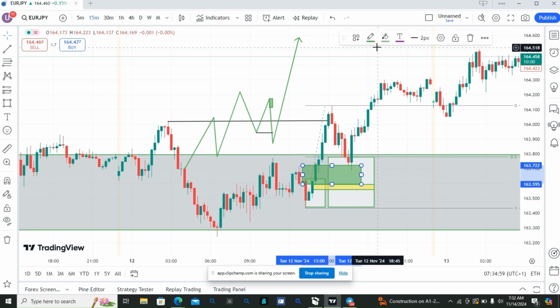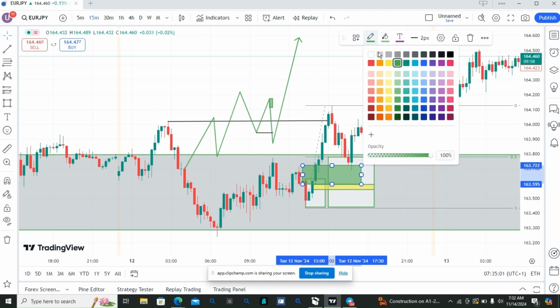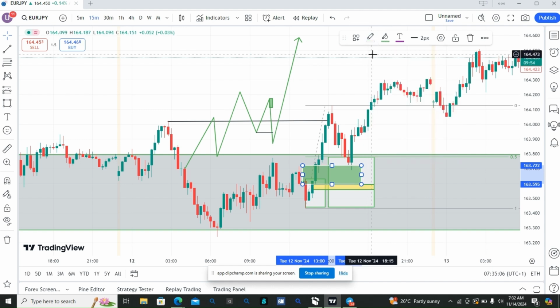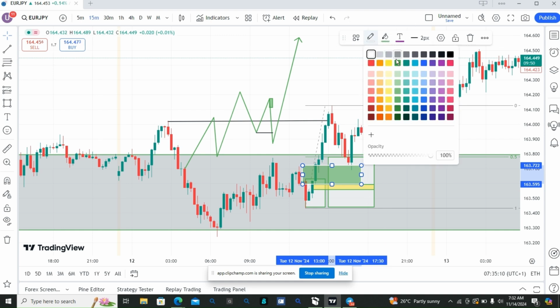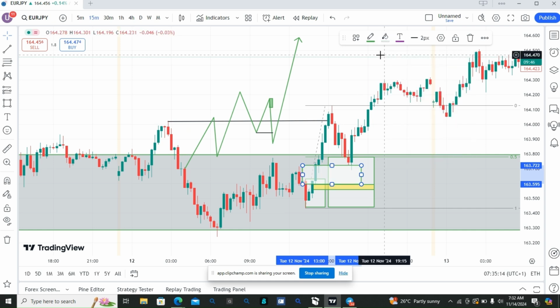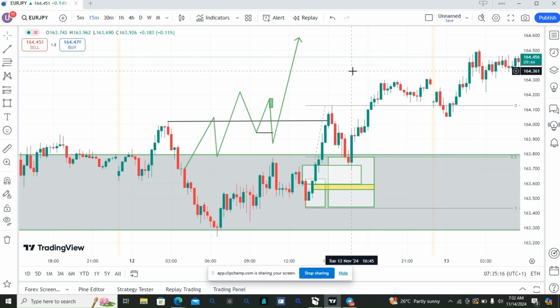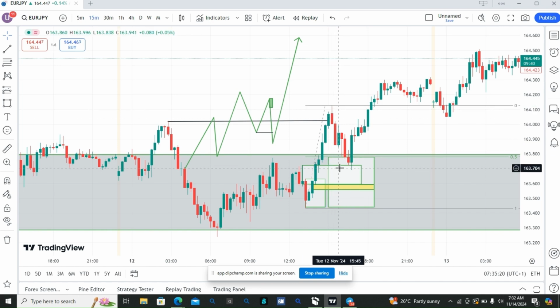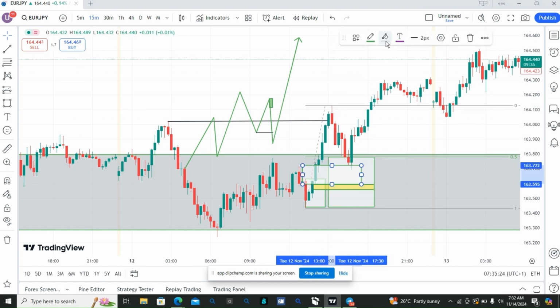Let me change the color. Okay, so you notice one thing now. This color is too clustered. Let me change it again.